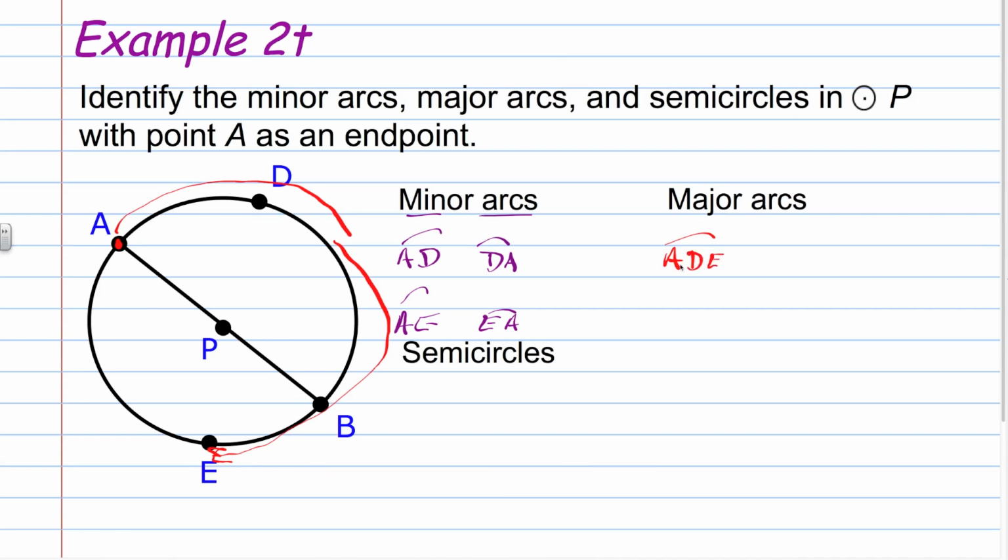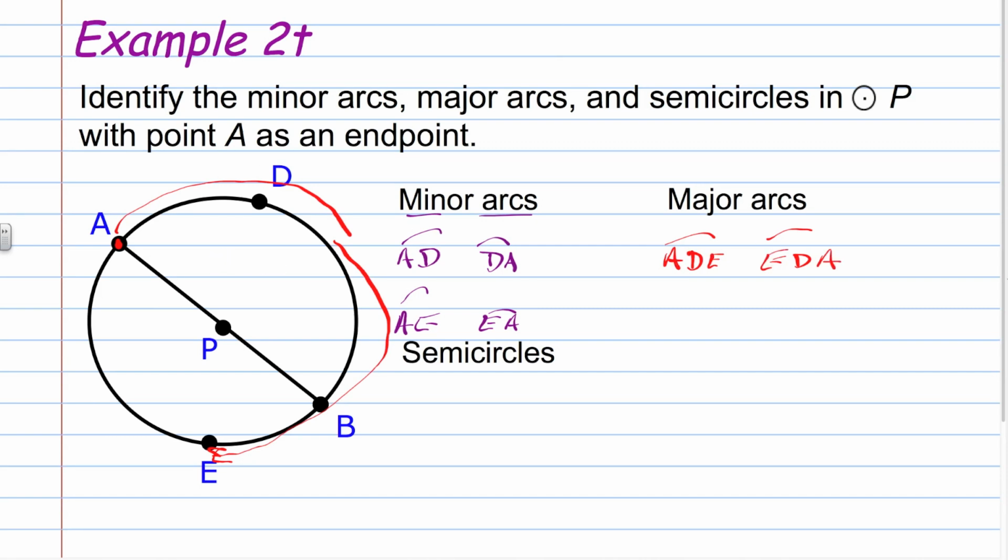Now instead of ADE, you could name that ABE. Anywhere you see a D here, you could replace it with a B. Again, if A is the start point, we go through over here to E, we have ADE. If we switch that A and E around, we can make it arc EDA. So there's two different ways to name the same arc.